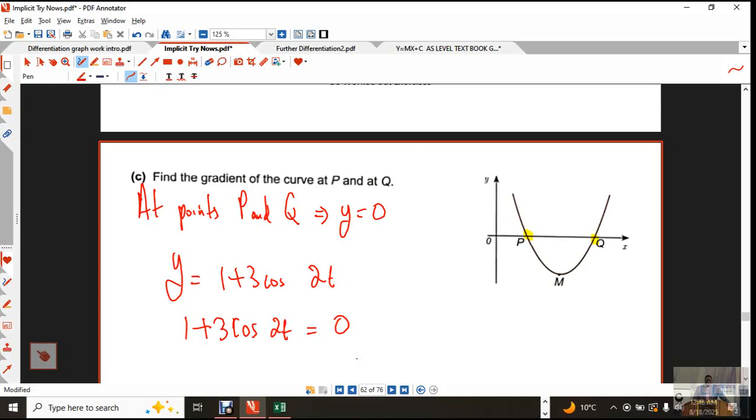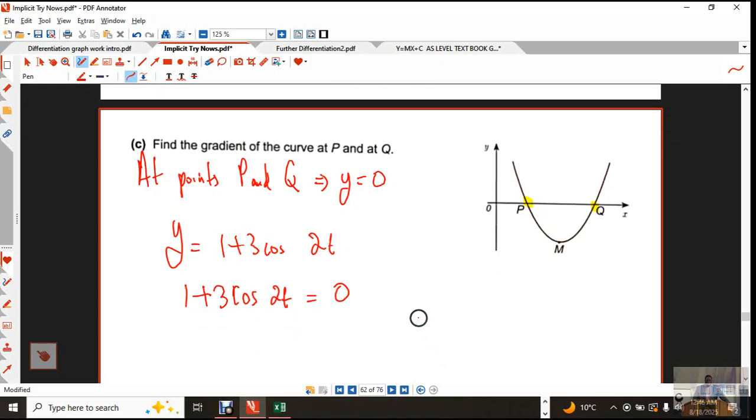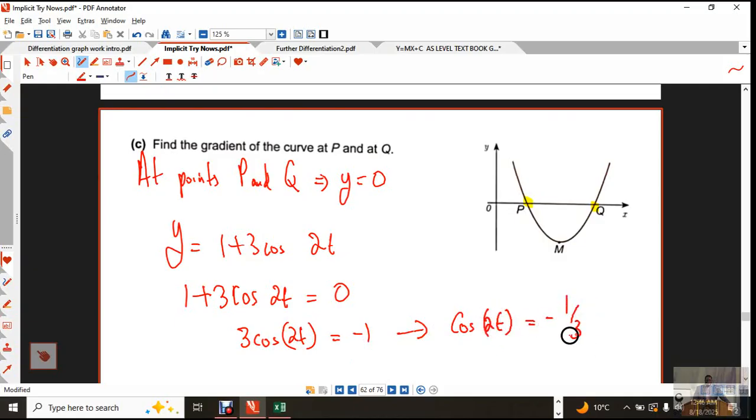Now, let's see if we can clean this up a little bit. So this is 3 cosine of 2t is equal to -1. This will give us that cosine of 2t is equal to -1/3. Now, what do we know?